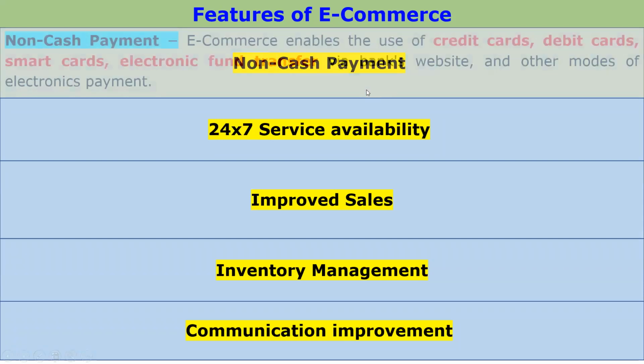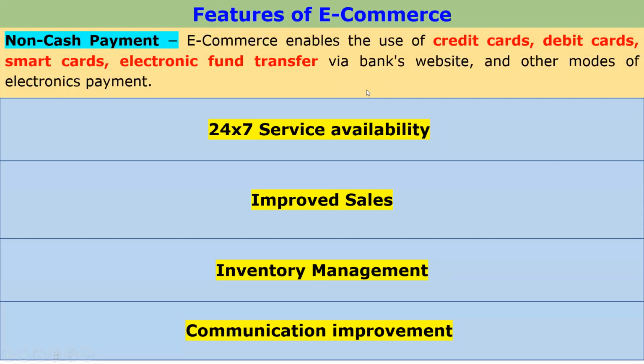The first one you can write down, non-cash payment. Here it is explaining. You can do this non-cash payment through credit card, debit card, smart card, or electronic fund transfer via bank websites. These are some examples you use to complete your e-commerce transaction.